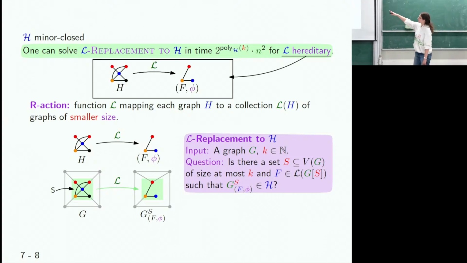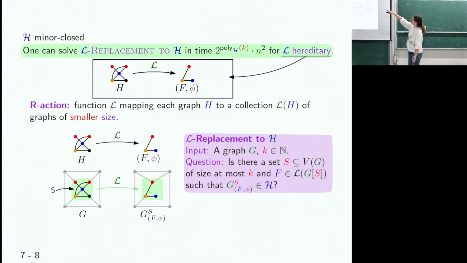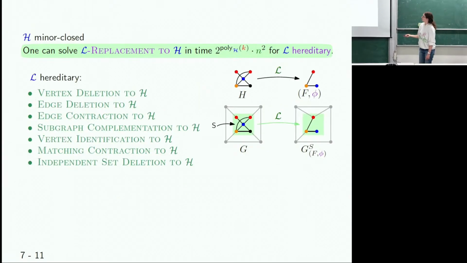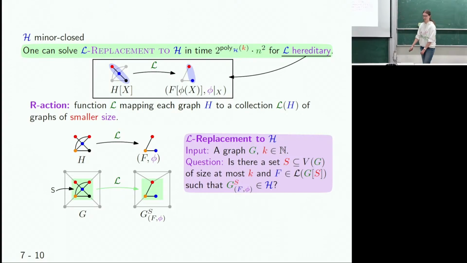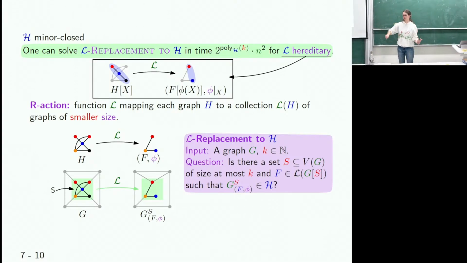What it means is that, for instance, if your graph H can be modified to this graph F, then if you take a subgraph of H, you can modify it to the subgraph of F. So if this is an allowed modification, then this one should also be one. Essentially you can ask, can I remove at most k vertices, but you cannot ask, can I remove exactly k vertices.